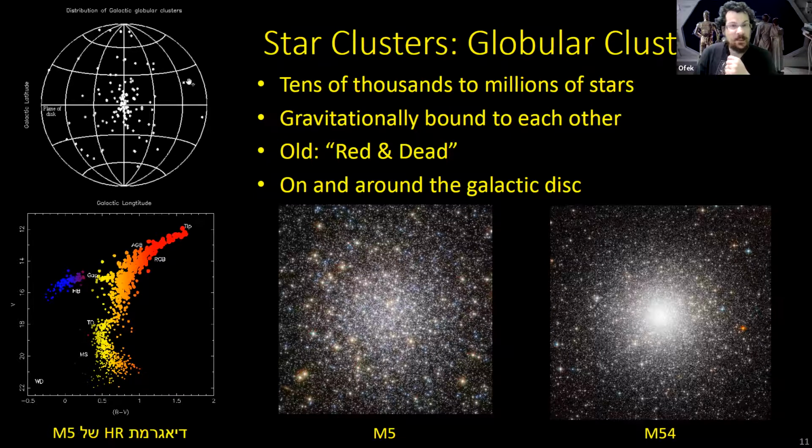And we find these types of stars both on and off, or on or around, the galactic disk in our galaxy. So if we plot or trace where we find these globular clusters in the Milky Way, we see that many of them are huddled either on or just around the galactic disk.